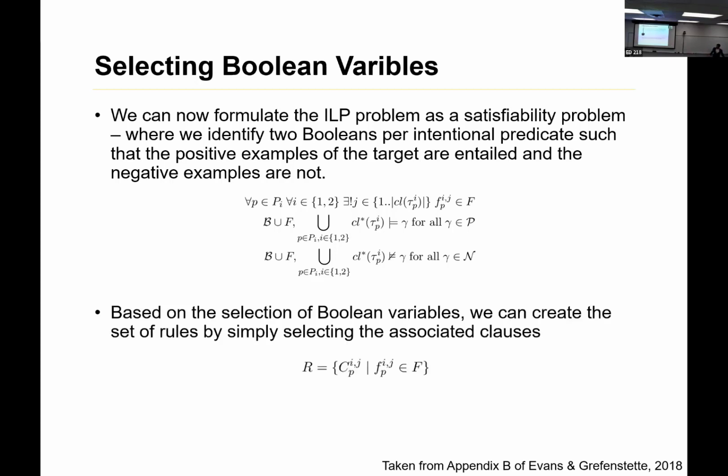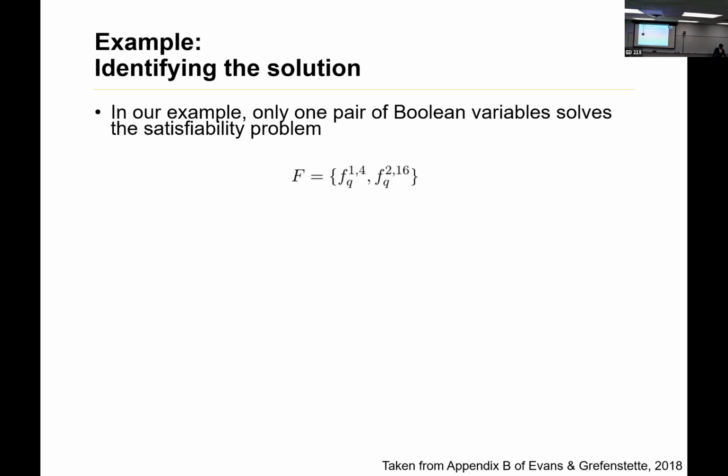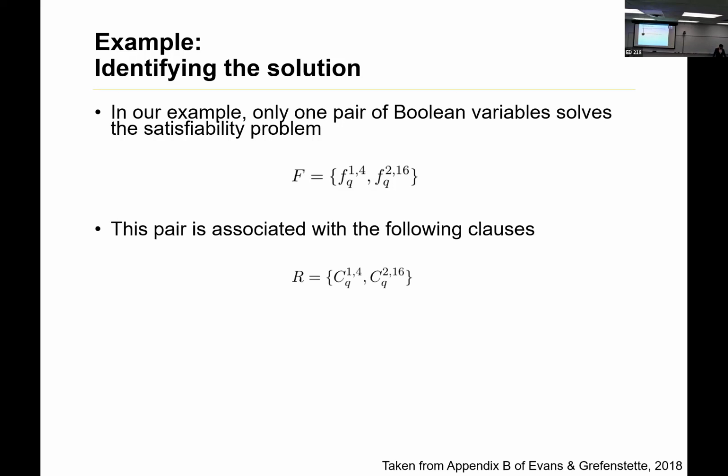So of course, the set of rules, again, is just clauses such that the set F, this is just a set of these Boolean flags that are positive. And identifying the solution, in this case, if you make these 2 flags true, that actually gives you a solution.